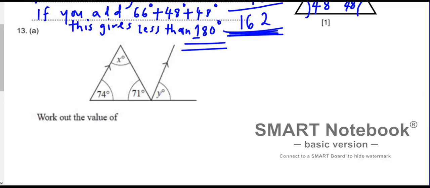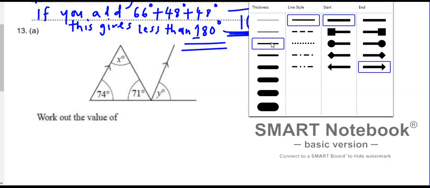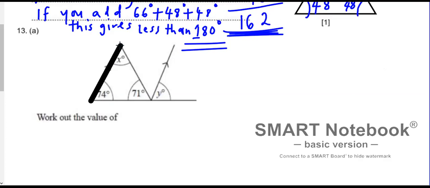So for parallel lines, try to look for angles which we call Z-like, a shape like Z. See that?